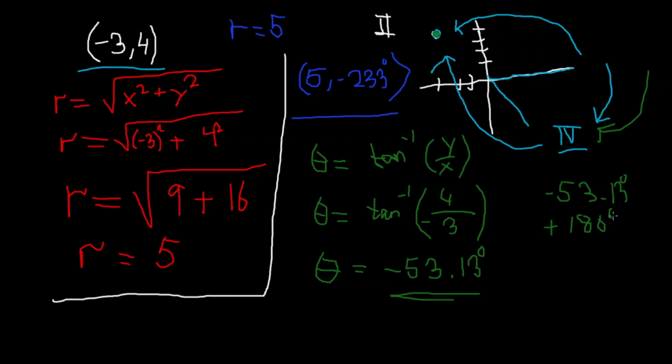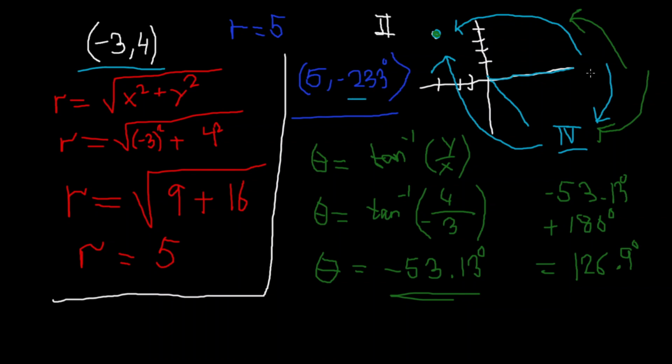We're adding 180 because we want our theta to be positive, so we want it to go counterclockwise. This gets us 126.87, or 126.9. Either one works.